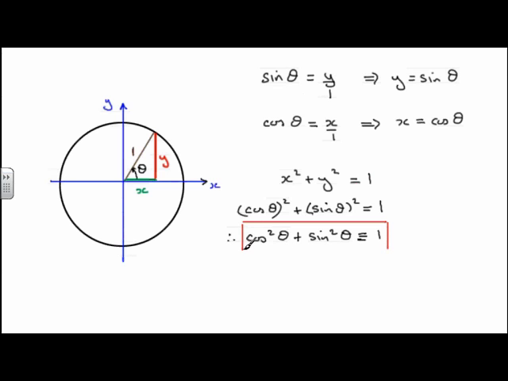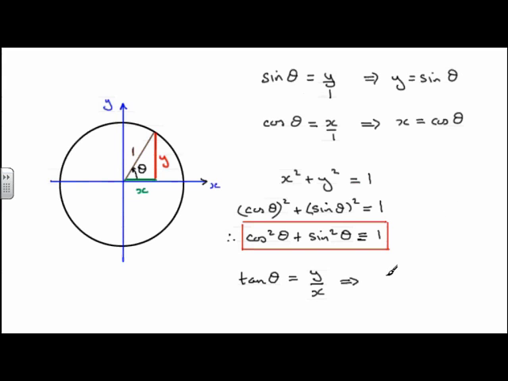And the other identity is the fact that if we do the opposite side divided by the adjacent side, that's defined as tan theta. So tan theta is the opposite side, y over x. But we can see that y is sine theta and x is cos theta.